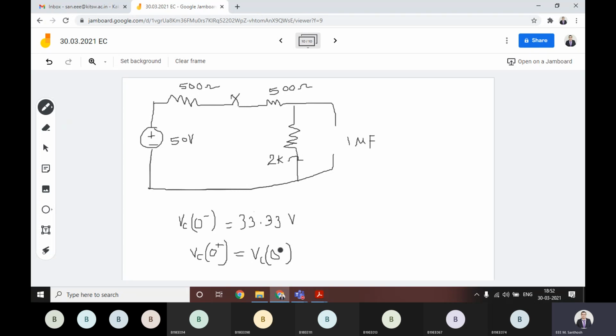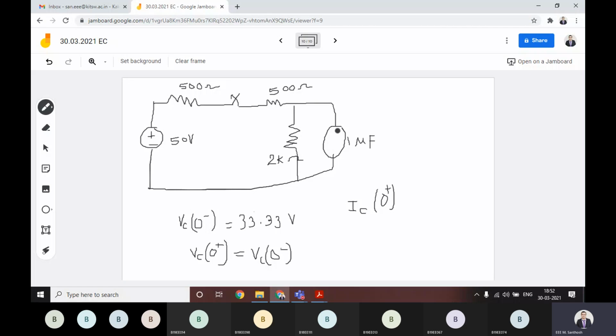That means 33.33 volts must be replaced here. In place of the capacitor you have to connect this 33.33. When you connect this, what is the current you have to calculate? That is IC 0 plus, after replacing with the voltage source.